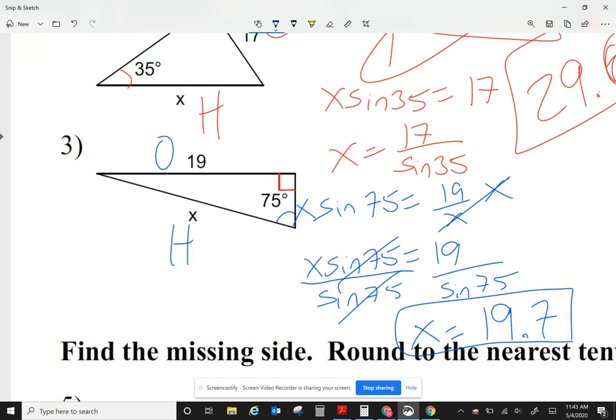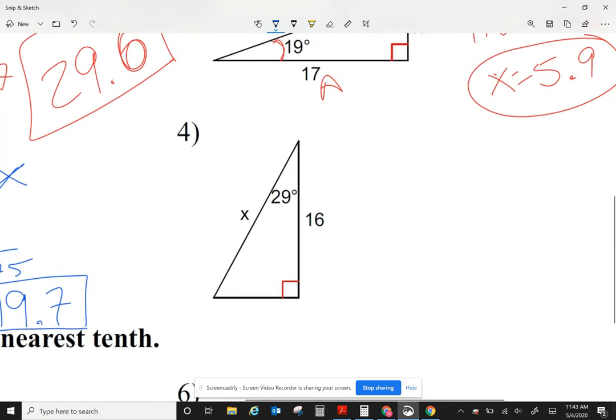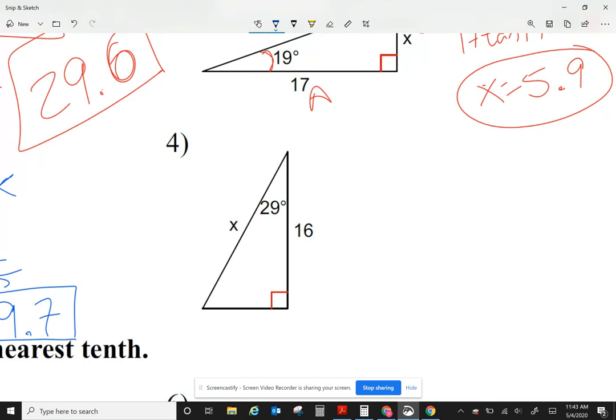Using our logic, the hypotenuse is the biggest number. The side that I was given was 19. I expected my hypotenuse to be bigger. 19.7 sounds about right. Let's take a look at question number 4. Let's see the sides that we have. I have the hypotenuse, and I have the adjacent.